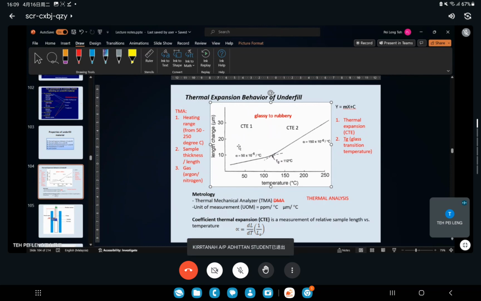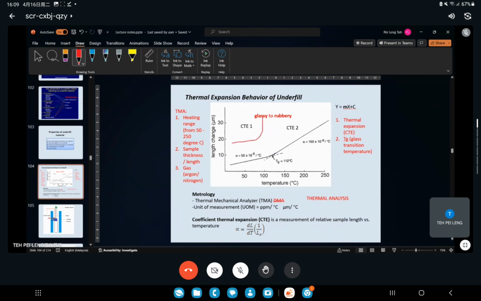Don't draw something like you have a peak like this. Sorry, you're wrong. Not this, I don't want to see something like this. It is a straight line, then go up, further up.